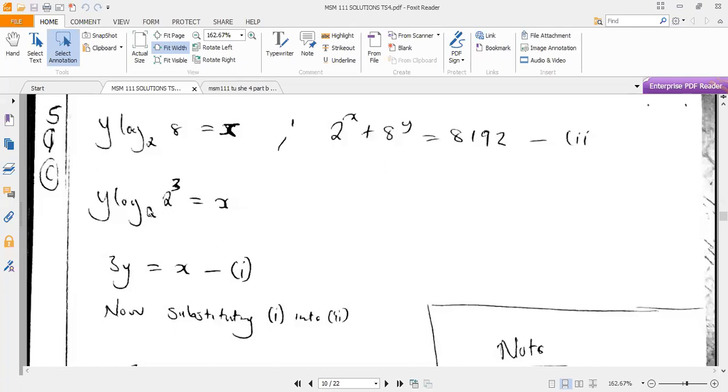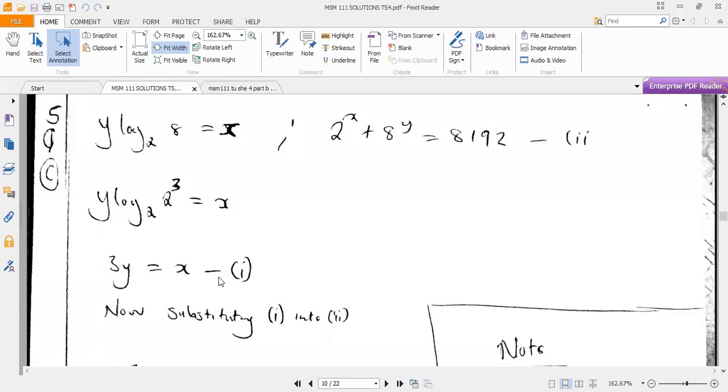Using the identity, log base a of a is just 1, because the base and the argument are the same. The 3 drops in front to give 3y is equal to x. So this will be our equation 1.